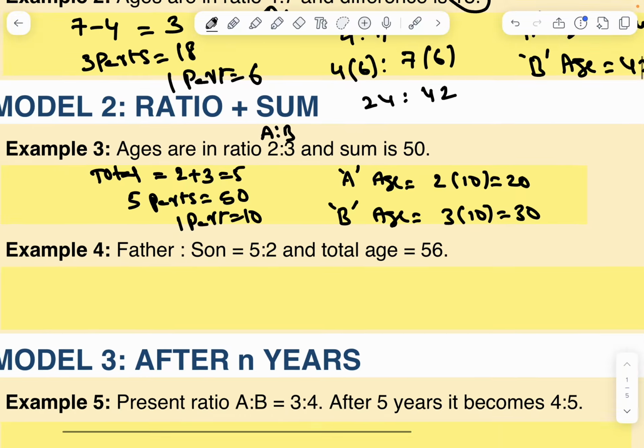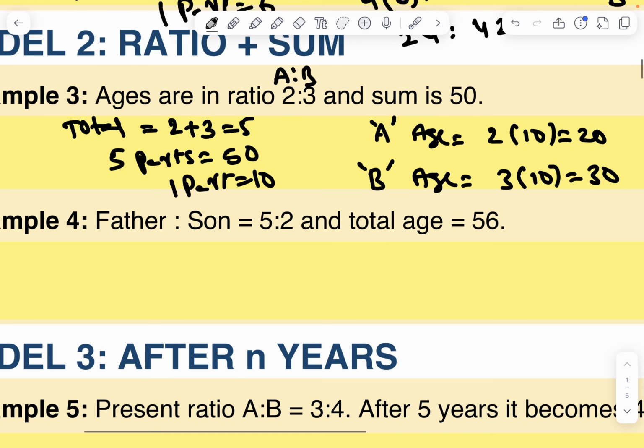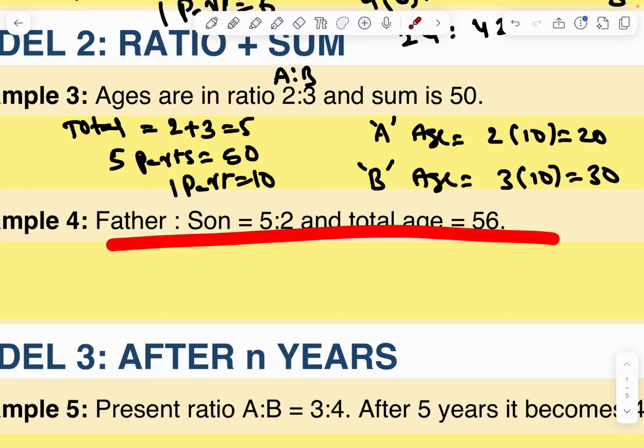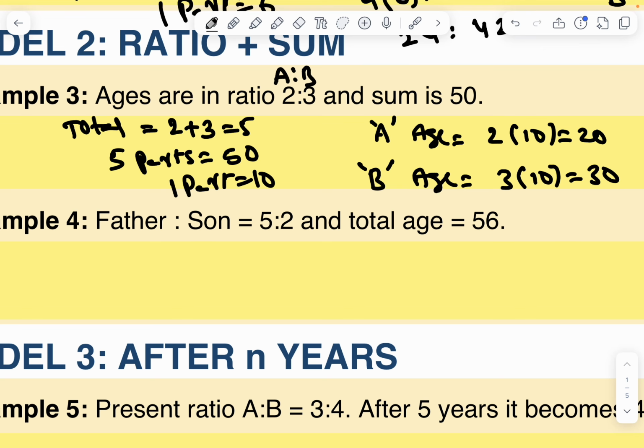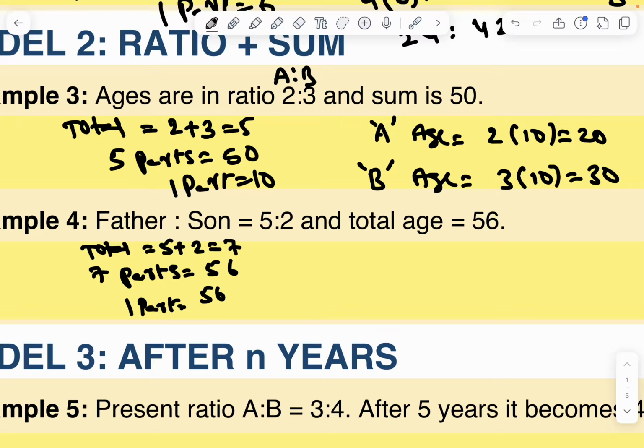Next, father and son are in the ratio 5:2 and the total is equal to 56. What is the age of the father and the age of the son? Total 5 plus 2 is equal to 7. Therefore, 7 parts is equal to 56. 1 part is equal to 56 by 7, therefore 8.